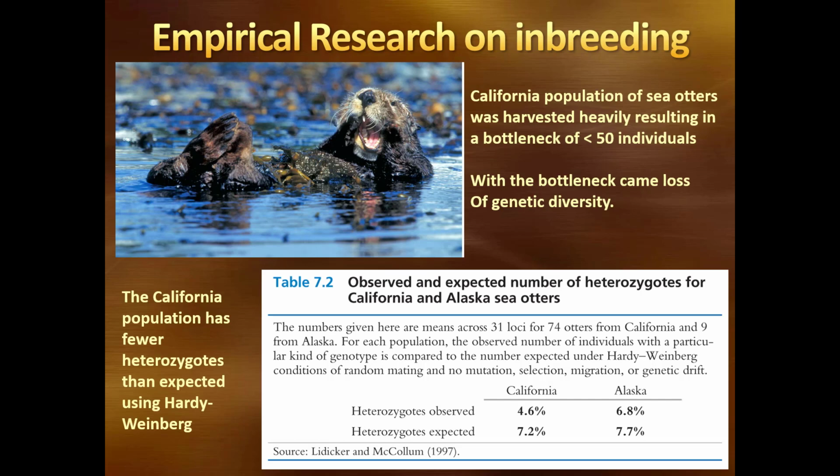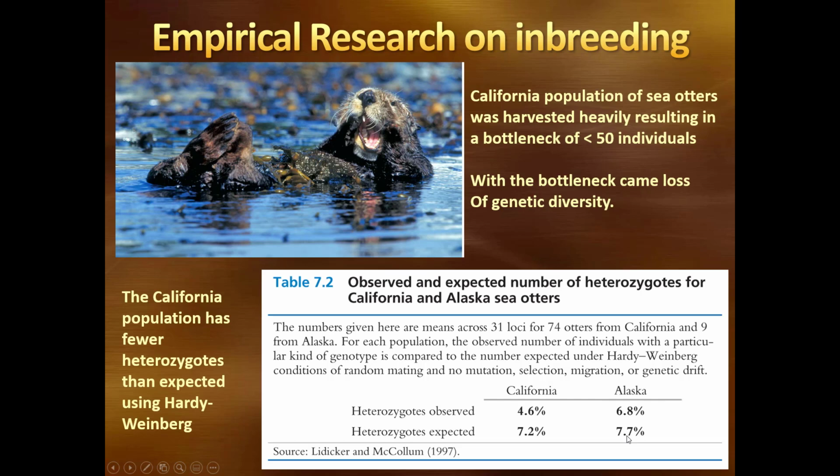So if it was a completely random mating situation, what would we get? And then what do we actually see? You can see in the California population the expected heterozygosity was 7.2, but what was actually observed was 4.6. So there's a pretty substantial drop in heterozygosity in the California population.